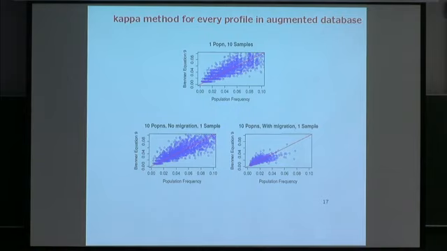The databases we use are composite in the sense they come from multiple subpopulations. Our databases are not homogeneous, so there's always some substructure in the population represented by the database. And when we allow for migration causing these dependencies amongst the subgroups, then we find that the kappa method tends not to be conservative.